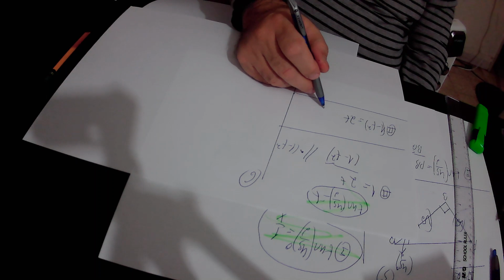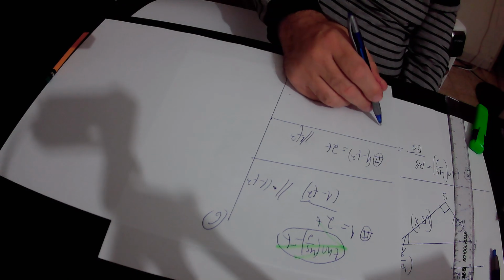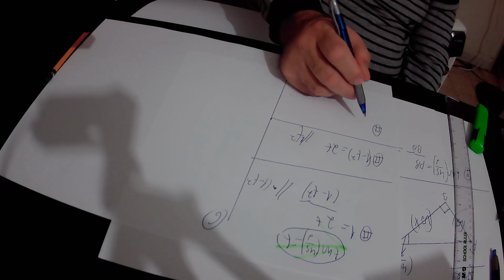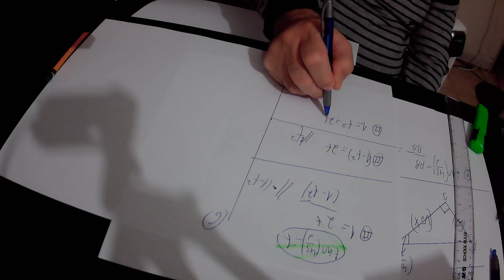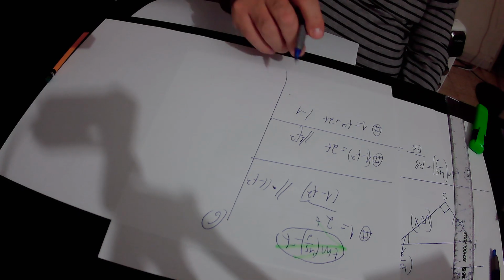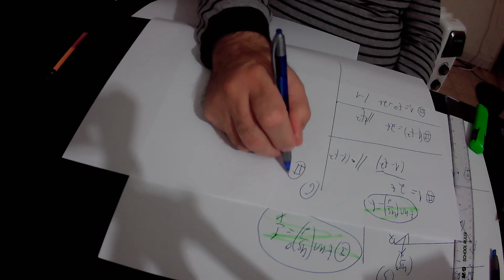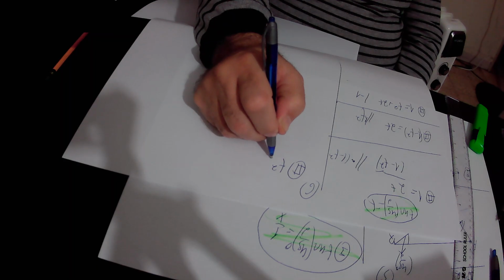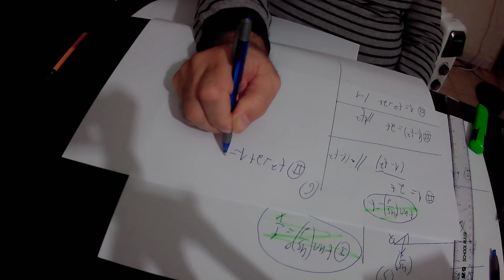Here we will add t squared to this equation, and we get 1 equals t squared plus 2t. Here we subtract 1 from this equation, and finally we get t squared plus 2t minus 1 equals 0.